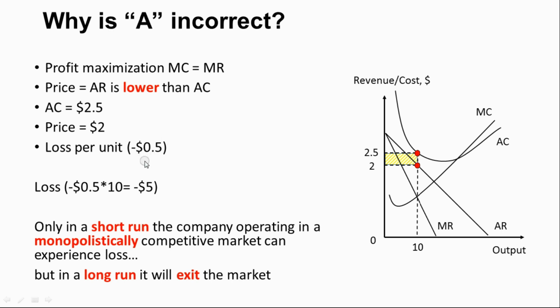If you decide to produce and sell, your production cost is 2.5 and your price is 2, so 0.5 will be lost from every unit. If you produce 10 units, 10 multiplied by 0.5 gives you $5. It's your total loss: minus $5.